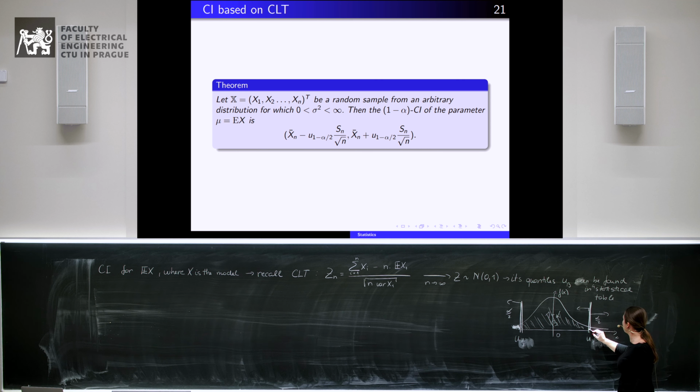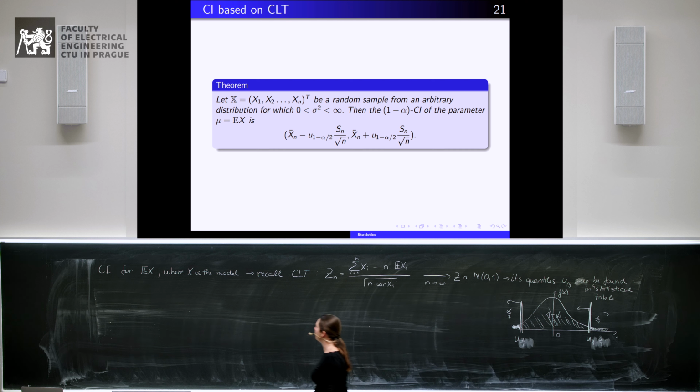Alpha half must be the area of the left tail, and when alpha half is the area of the tail, it means that 1 minus alpha half must be the area from this boundary to the left. Therefore, we used these two indices.